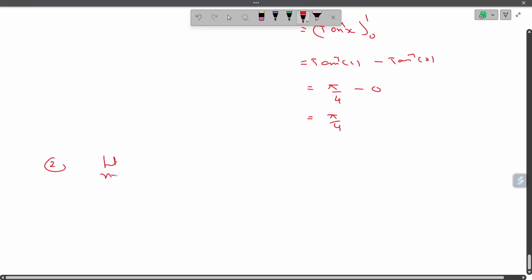Suppose limit n tends to infinity of 1 by n plus 1, 1 by n plus 2, and so on up to 1 by 2n minus 1.